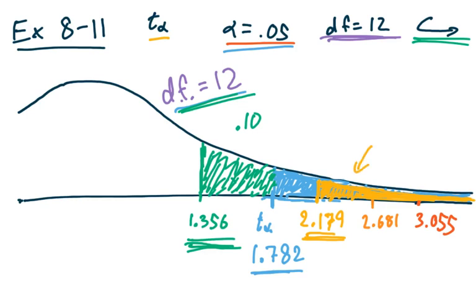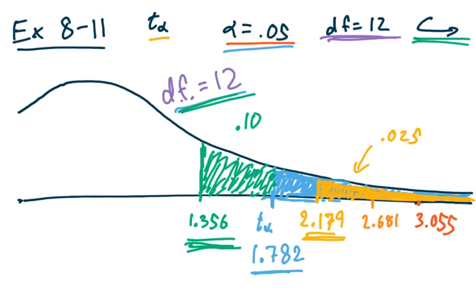Well, looking at row 12, because any other row would be meaningless for us, scrolling across that row, we see that 2.179 is a value that's exactly in that row. And what value of alpha does that correspond to? Well, we're thinking about just the area underneath the right tail, and so that would be one tail, so that is 0.025.